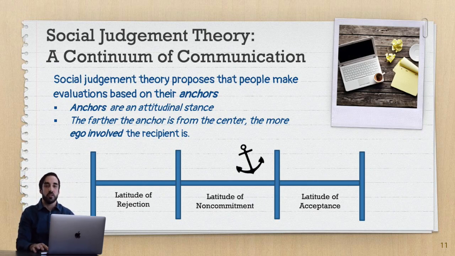When we think about anchors, these are a way to describe the attitudinal stance you might have towards something and how strong it is or how unlikely it is to move along that continuum. The farther an anchor is from the center, the more likely it is that it will require a considerable amount of persuasion to move you from that anchor. That's because we believe in social judgment theory that individuals who have firm anchors have high levels of ego involvement.